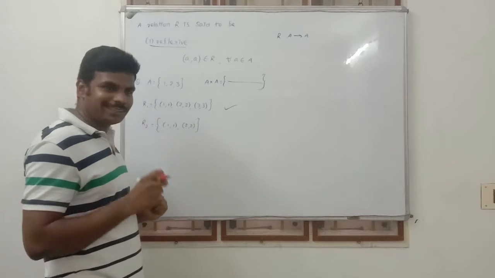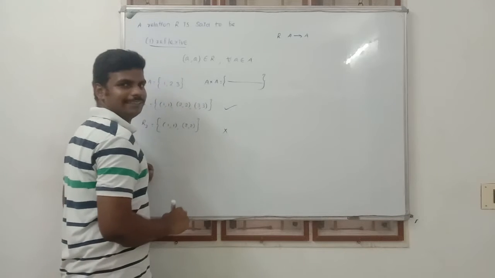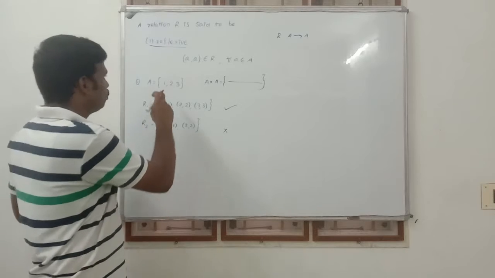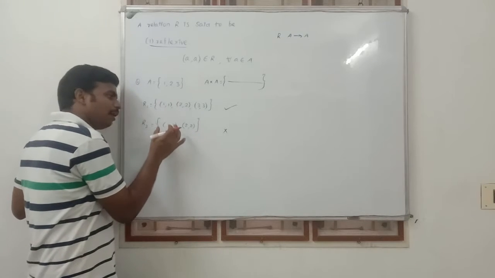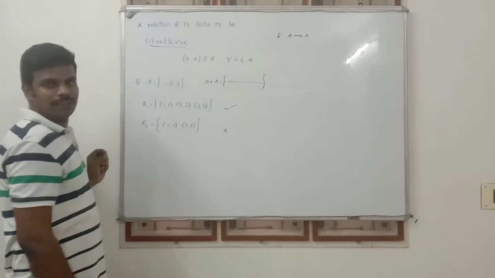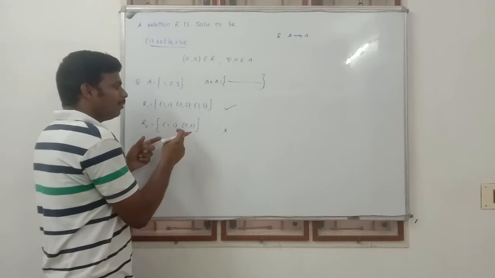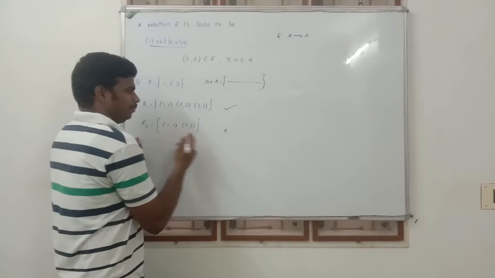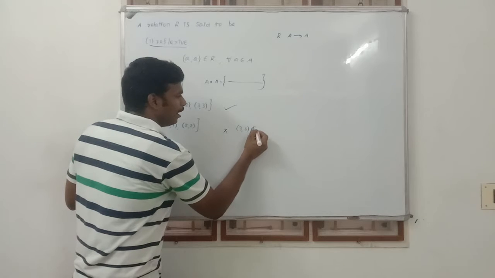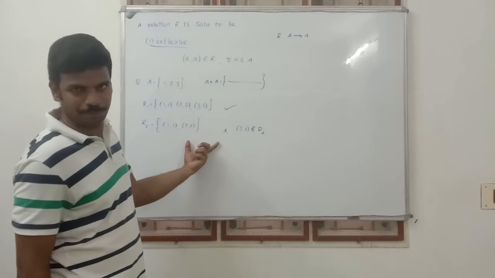This is not reflexive, because in the set A we have the elements 1, 2, 3, and we have (1, 1) as well as (2, 2), but what about 3? 3 is an element of the set A, but (3, 3) is not in R2. Therefore, this is not reflexive.